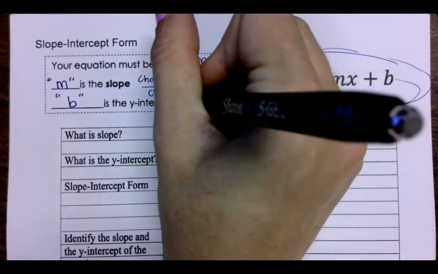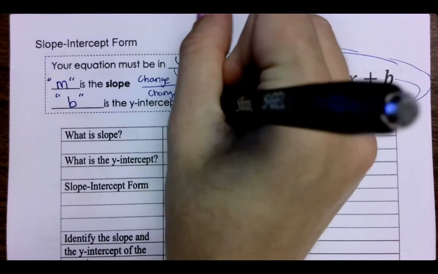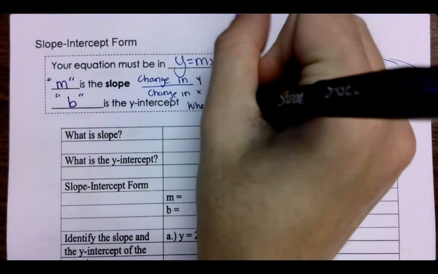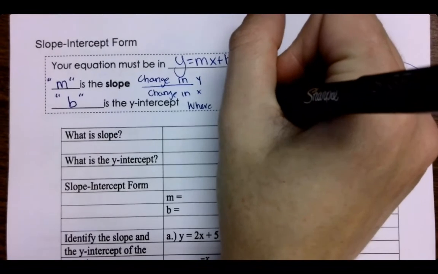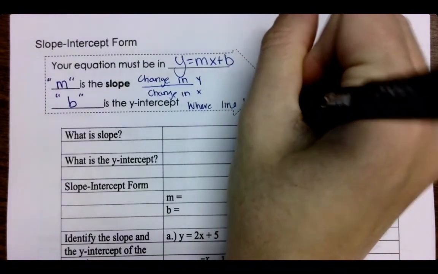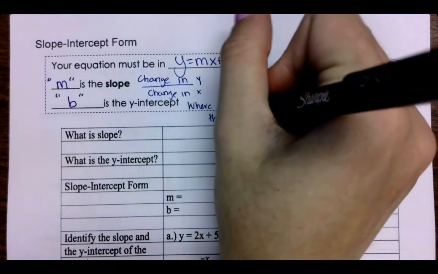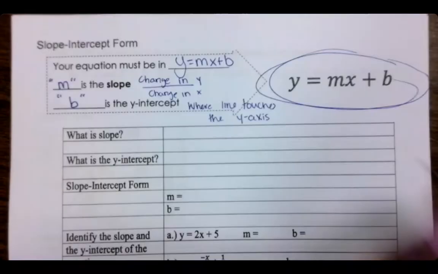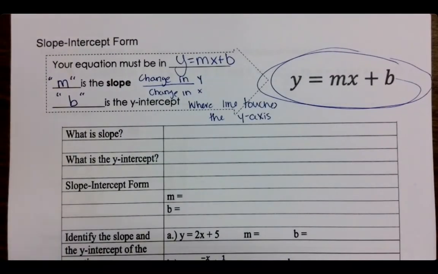The y-intercept is where the line touches the y-axis, right? Intercept means you intercept each other, you touch each other. You know, in football, you get the ball from the other team, right? So it's where the line is going through the y-axis.